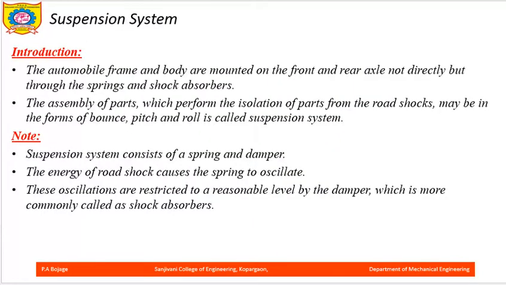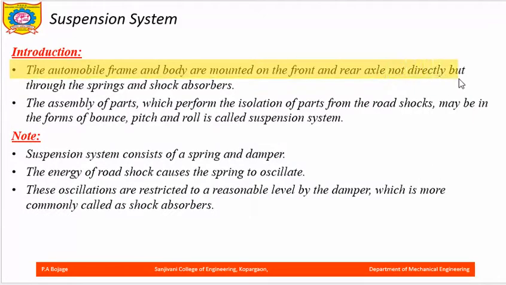Now, let us discuss the suspension system. What is a suspension system? Basically, the automobile frame and bodies are mounted on the front and rear axles. This we have discussed in unit number 1 and 2.